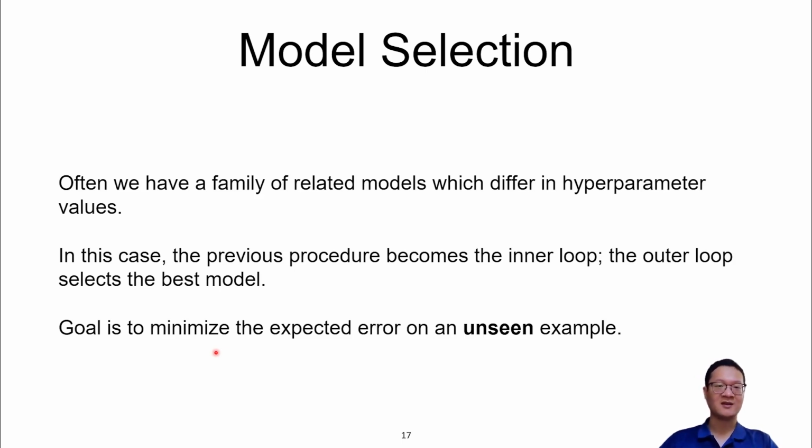So in this case, the previous machine learning procedure becomes the inner loop. And then we repeatedly perform all of those steps in an outer loop, which selects the model. And in model selection, we would like to minimize the expected error on an unseen example.